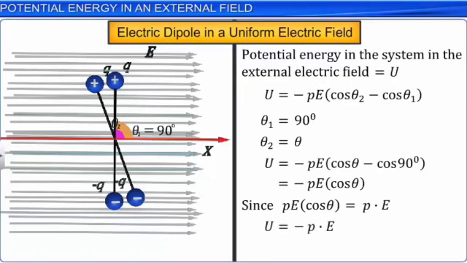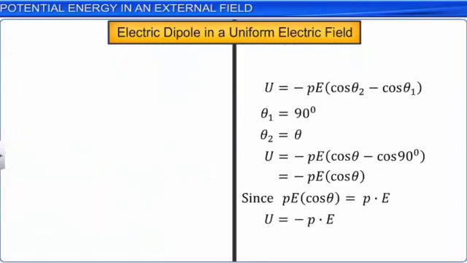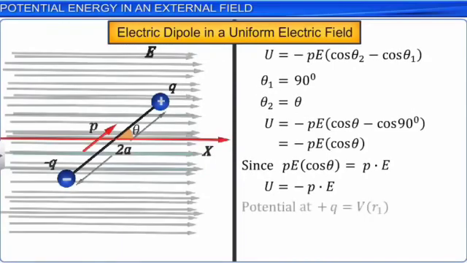If V of R1 and V of R2 denote the potentials at the positions of the charges plus Q and minus Q of the electric dipole respectively, the axis of the dipole makes an angle θ with the direction of the electric field, and the distance between the charges R12 equal to 2a.